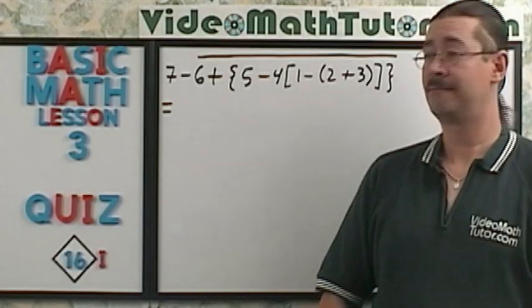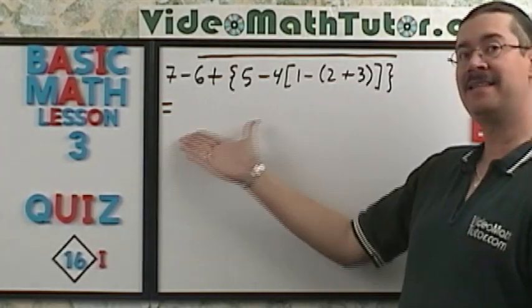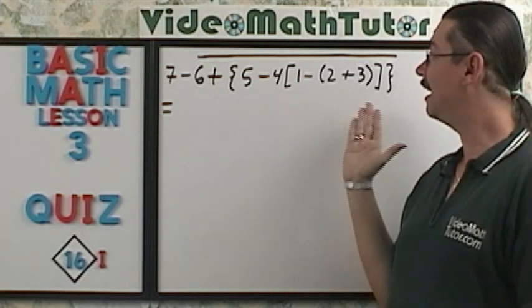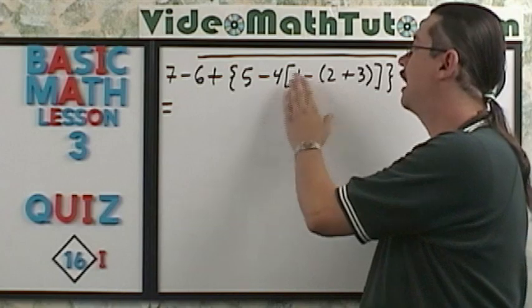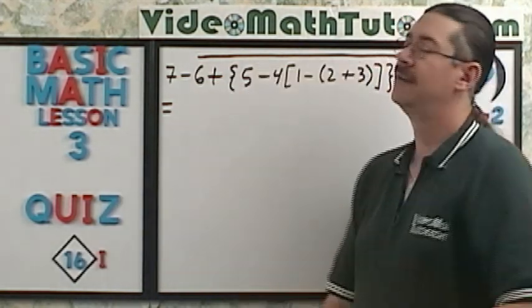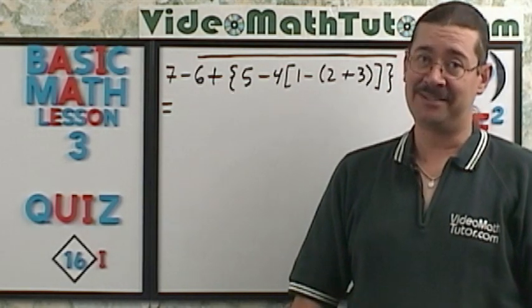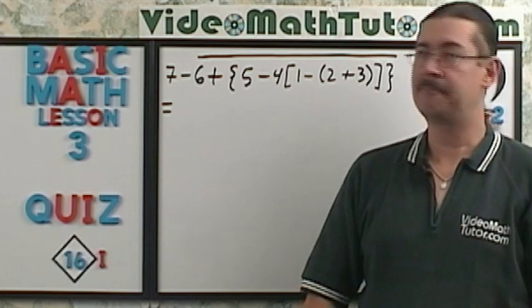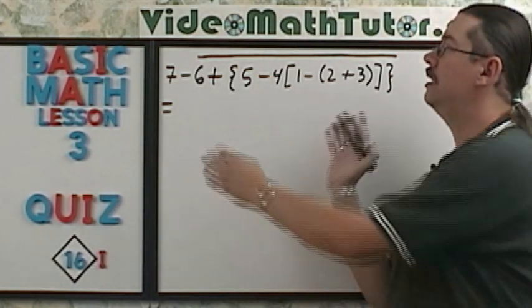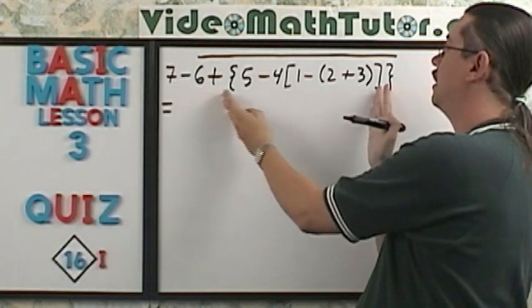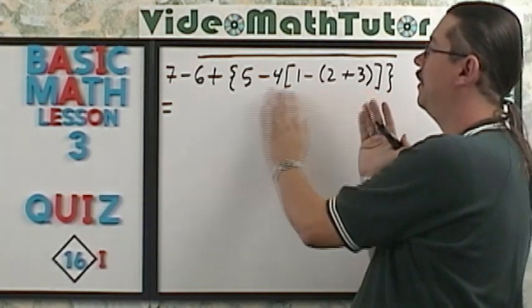Problem I. You recognize this thing? Yeah, this is the example we talked about earlier when I first introduced different types of grouping symbols. Well, now we get to do it. I can tell you're excited. So what should we do first? Well, we go to the innermost grouping symbols, and they're right here. So everything else stays the same.